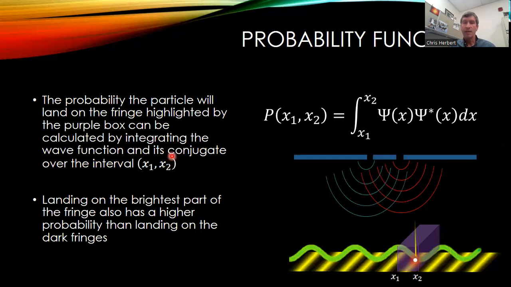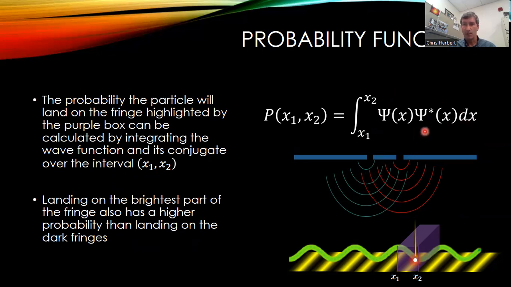Now, if I want to calculate the probability that the electron or photon will end up in this purple box right here between position x1 and x2, the way that I would calculate this is the probability between x1 and x2 would be the integral from x1 to x2 of psi and psi star dx. Now, this is an important point here.